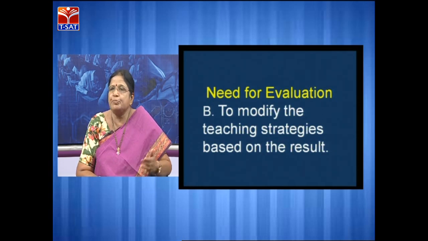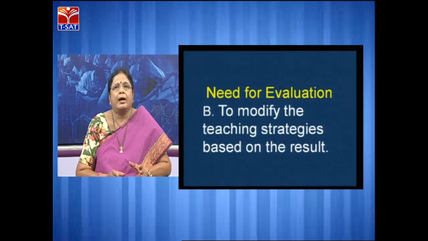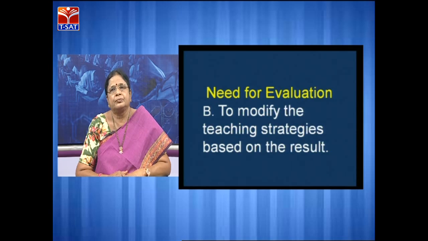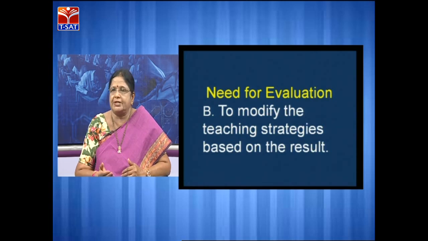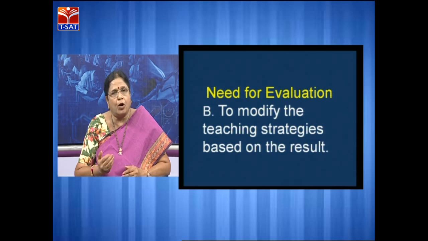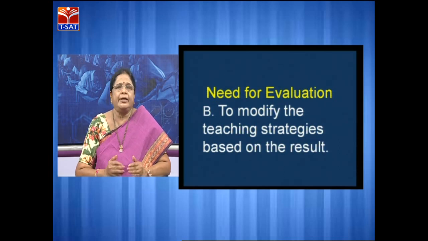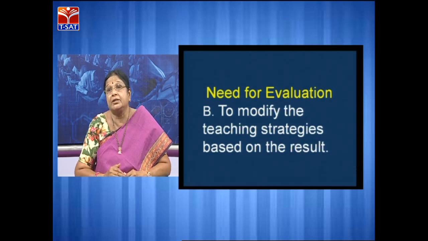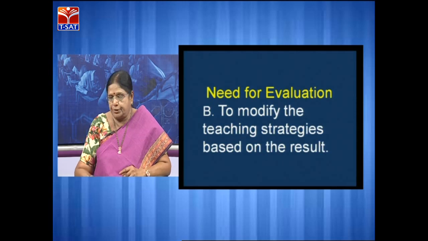Was it my teaching method, or the activities which I have provided are not appropriate to the level of the student? Once the teacher identifies this, she modifies the teaching learning activities and records the performance again, so that the desired result is achieved. This is why we need evaluation.